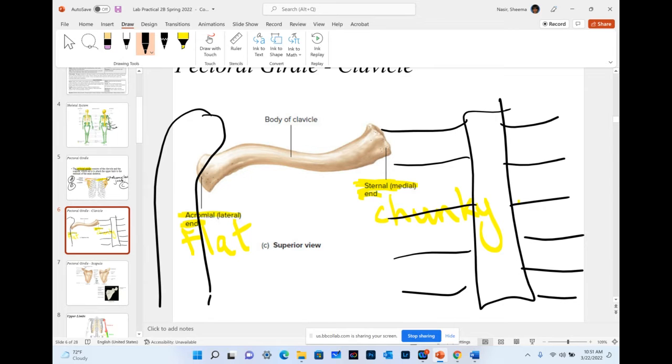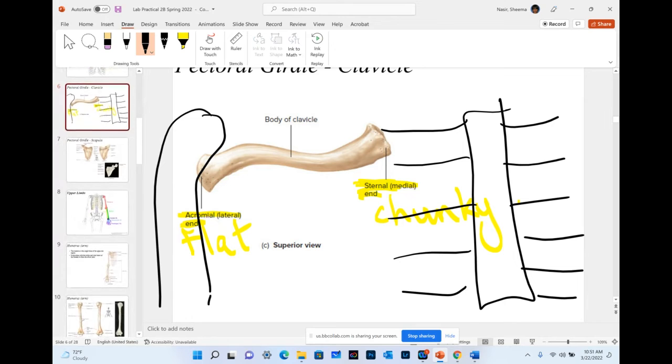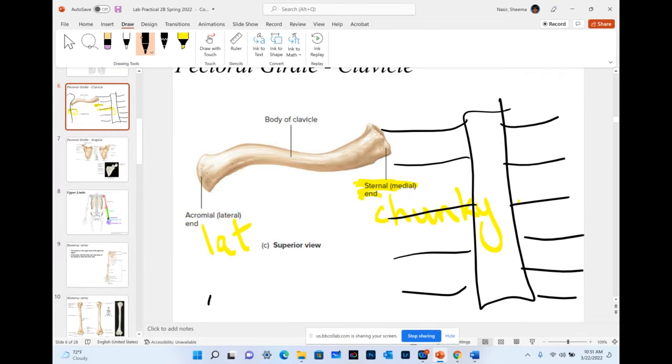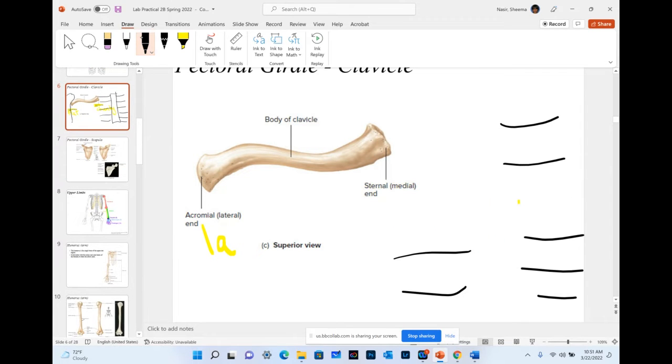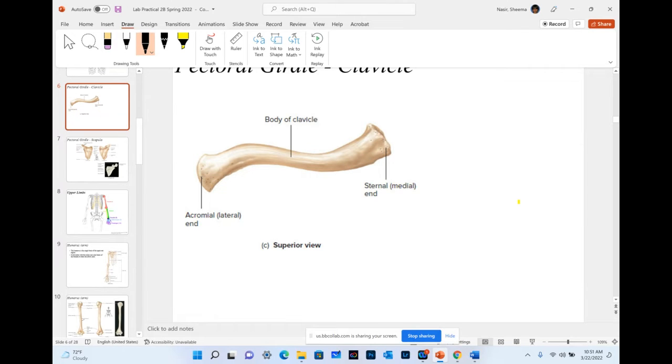Now, in your appendicular skeleton, they are going to ask you left and right. So you will have to identify left and right. Now, when you look at the clavicle, you're going to see it has a smooth surface.